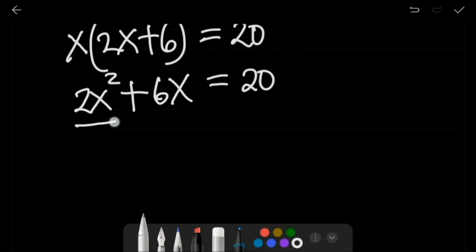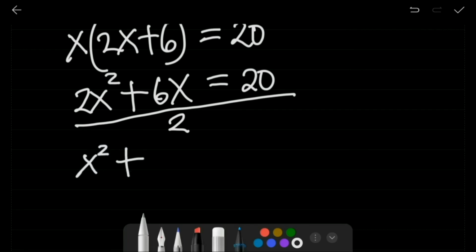Then we will divide this by 2. 2x squared divided by 2 is x squared plus 6x divided by 2 is 3x, and 20 divided by 2 is 10.